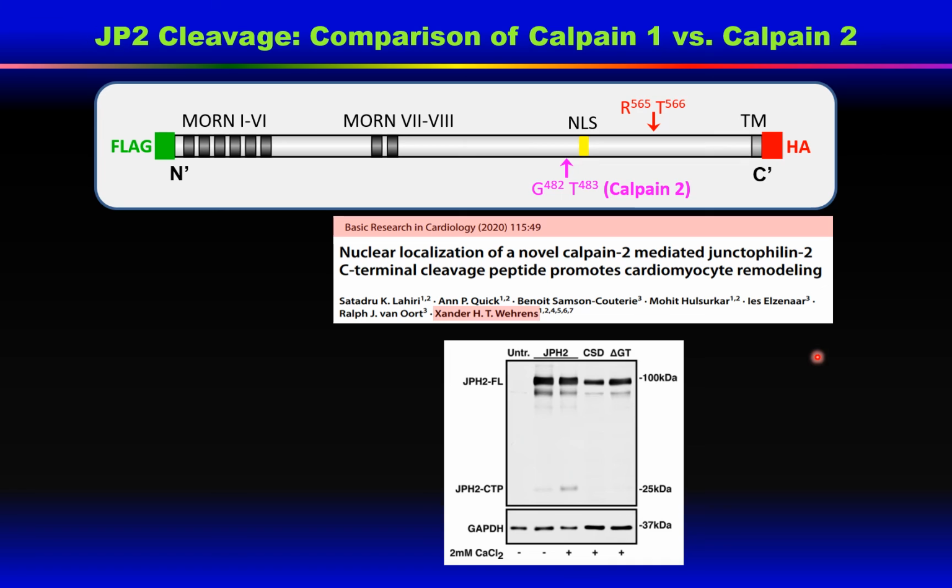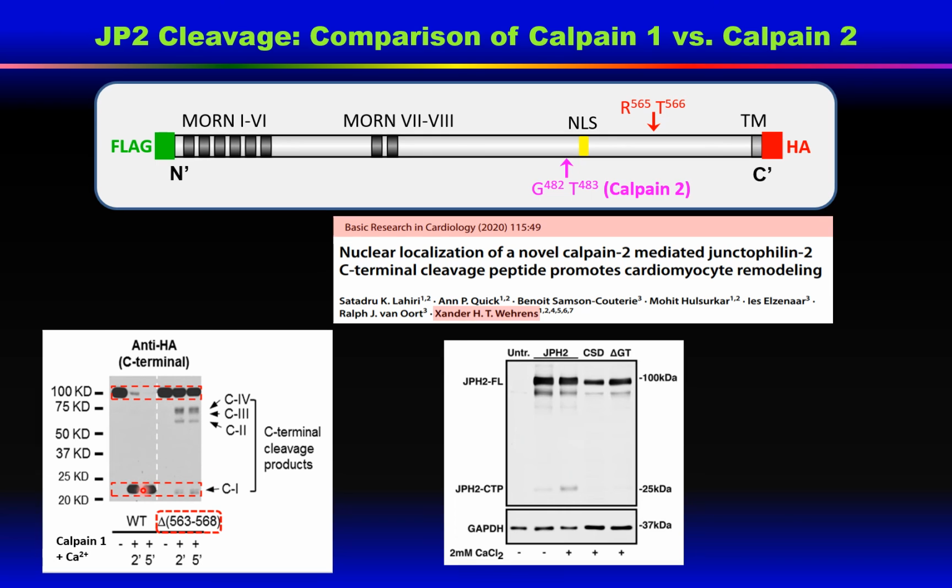More surprisingly, they showed that the C-terminal cleavage product from this novel cleavage site also has a molecular weight of about 25 kD, which is similar to the molecular weight of the C-terminal cleavage product we showed produced by Calpain-1 through the cleavage at the site arginine 565, threonine 566.